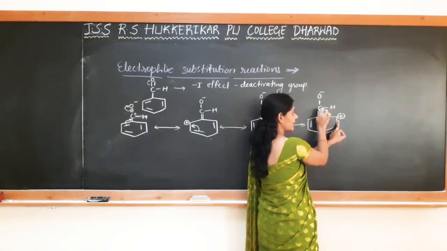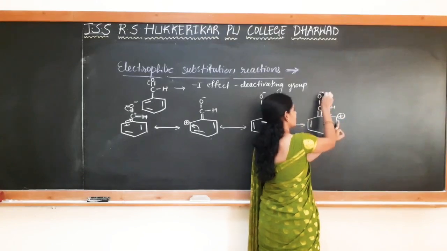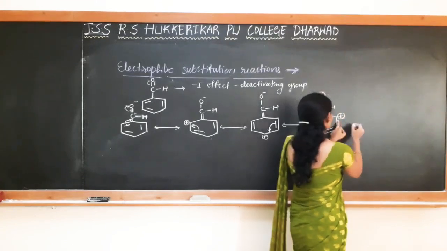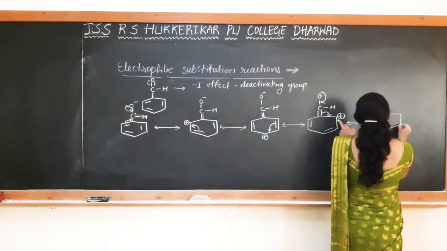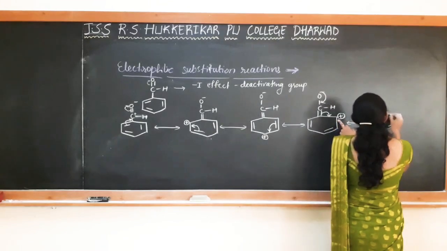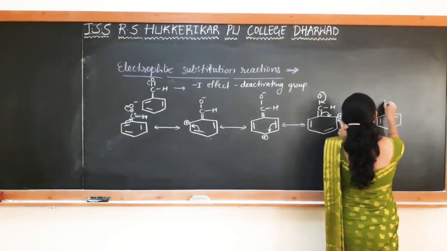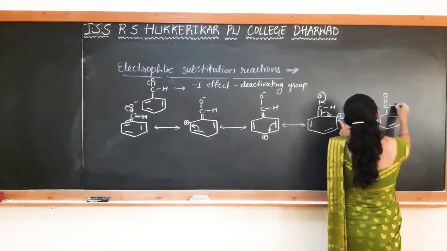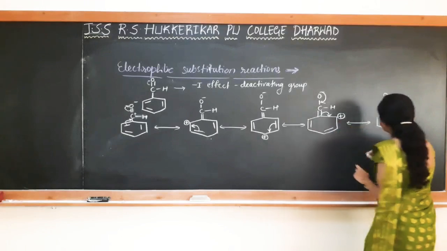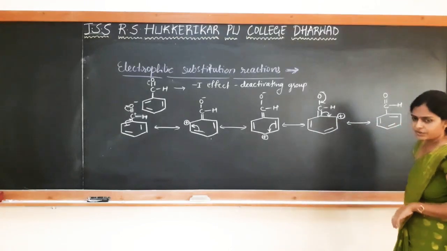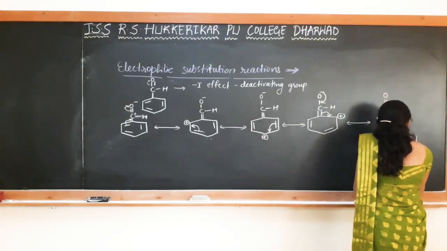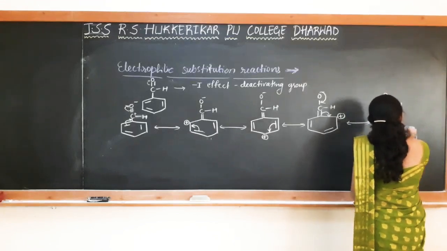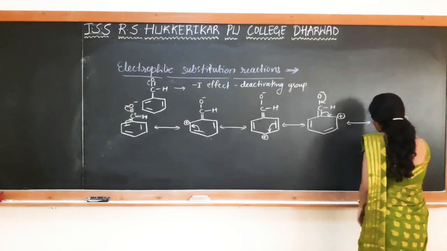Now carbon becomes electron deficient, so oxygen gives back the electrons to the carbon. So there is formation of a pi bond between carbon and oxygen, a new double bond. Like this we get the resonating structures. This is the resonance hybrid. The positive charge is delocalizing.